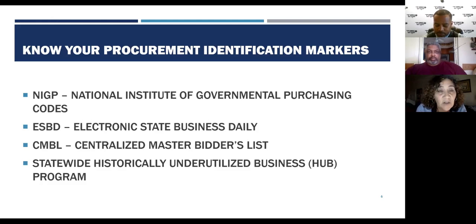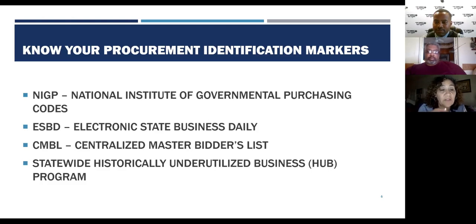Anyone can be listed on there. You don't have to be a HUB. If you want to do business with the state of Texas, no matter how big or how small your business is, you would register on the centralized master bidders list and pay a $70 fee. That fee is for the administration of the centralized master bidders list program and the HUB directory. So part of that money does go to support the HUB directory, the HUB program.